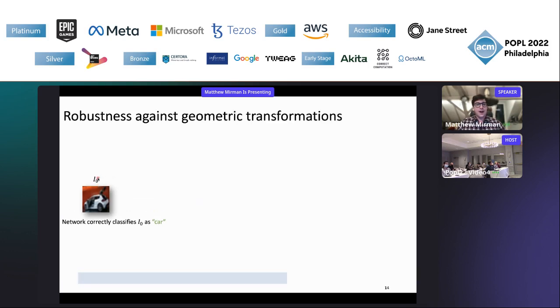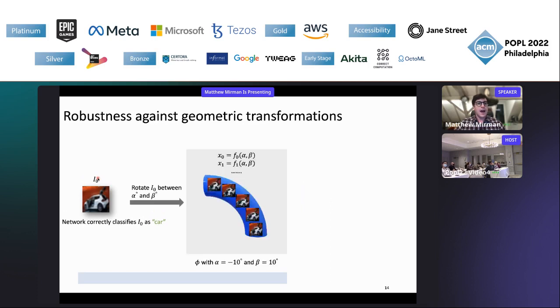Another possibly more modern type of specification that we might want to consider is robustness against geometric transformations. In this case, instead of perturbing each pixel uniformly, we take the entire image and we rotate it.